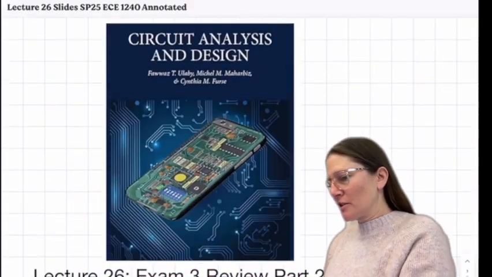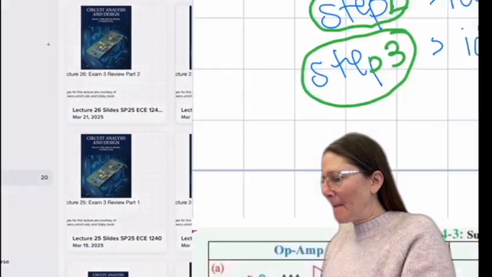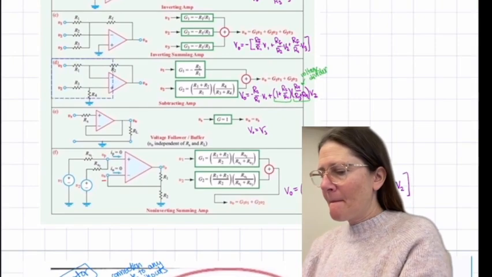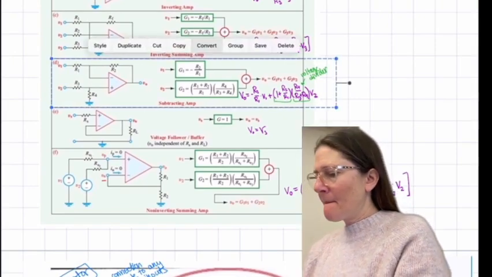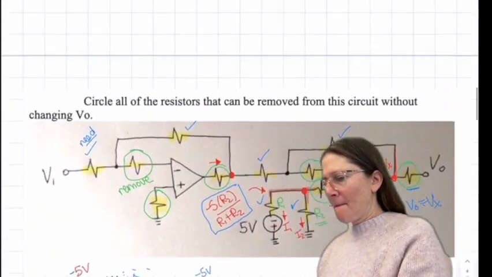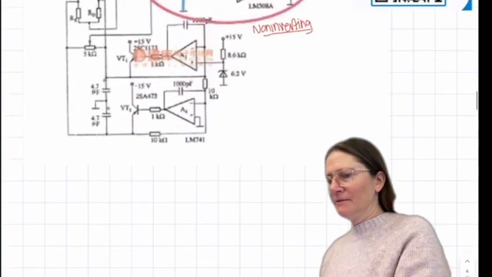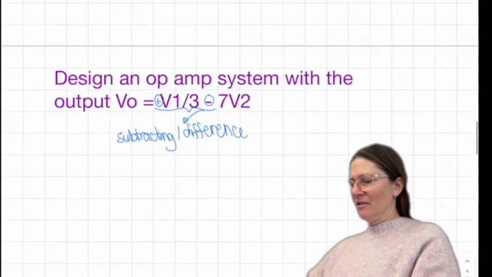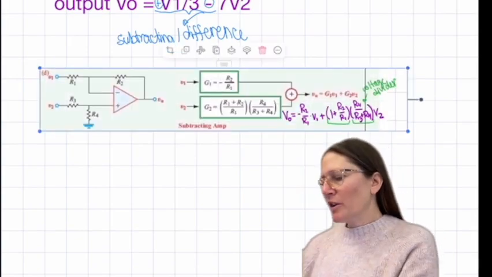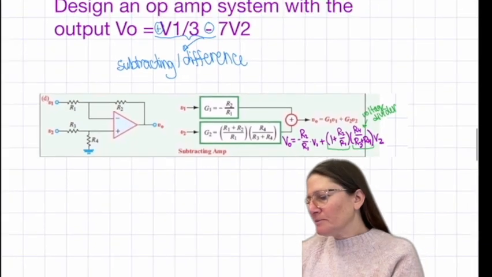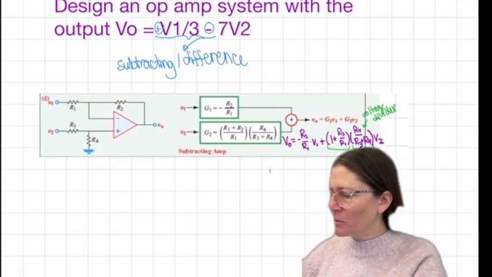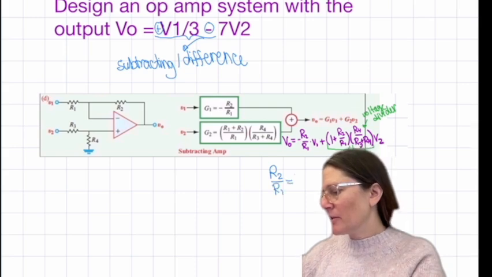So thinking back about the subtractor, with this, is there a way to create, we need a -7. So an R2 over R1 would need to be 7 as far as a ratio.